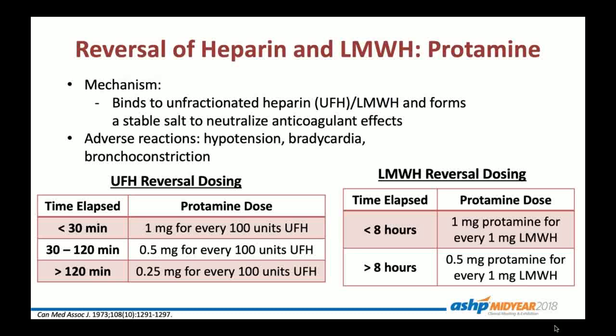A pearl from a pharmacist perspective is to know how much heparin or low molecular weight heparin the patient got and how long ago, because the dosing for protamine depends on the heparin or low molecular weight heparin dosing and timing. Of note, the maximum dose of protamine is 50 milligrams. If we have to exceed 50 milligrams, then we must wait a time period.